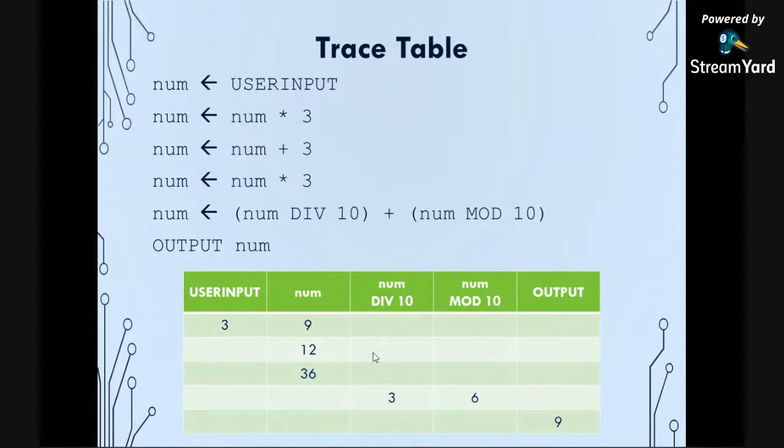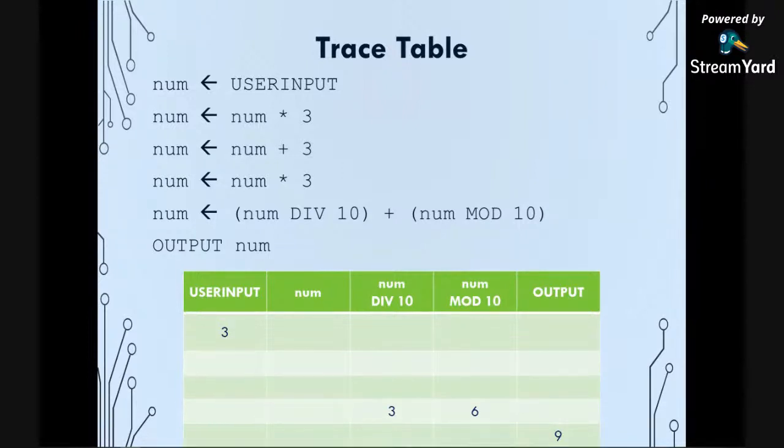Okay, so you can see that every line I've got, so the user inputs something, and then that number is times by 3. So actually I've done something wrong there.